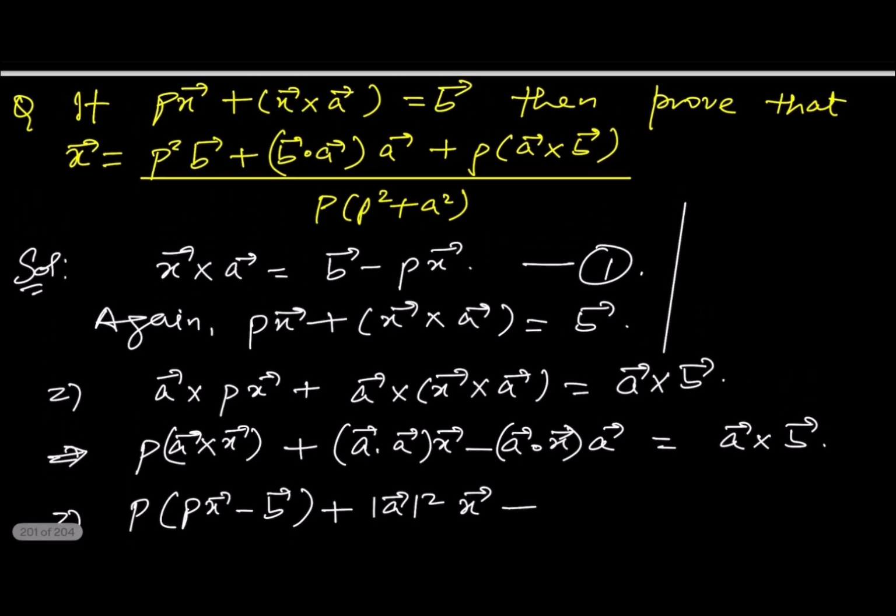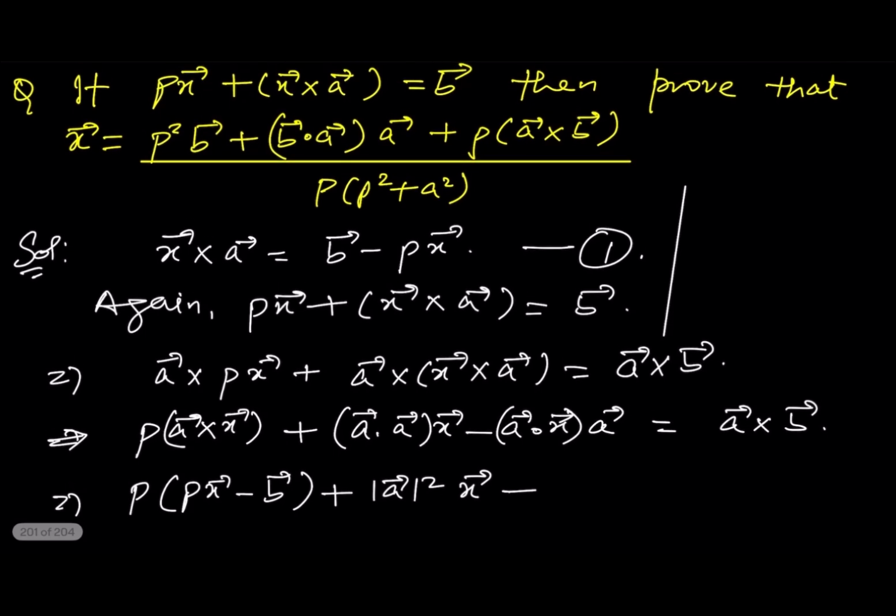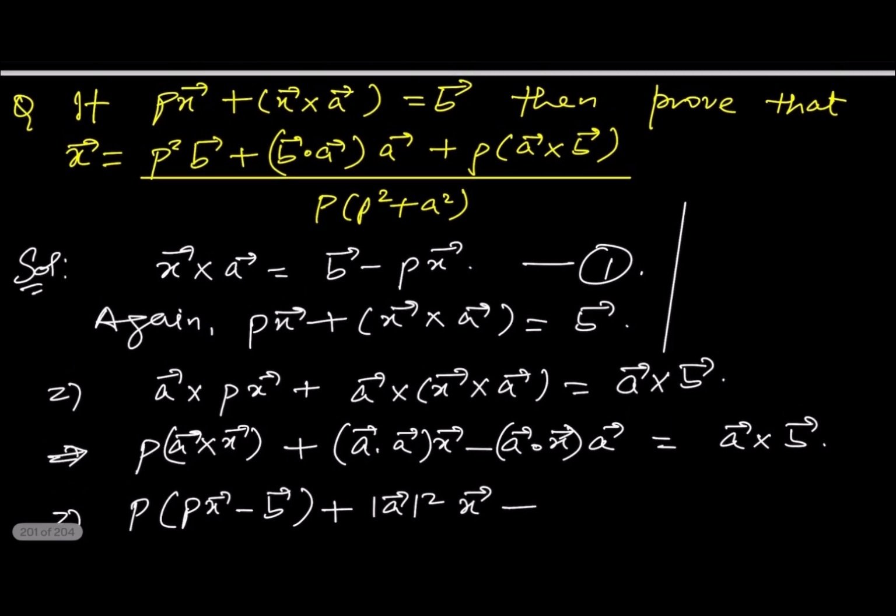From given equation, if I take dot product with A, this will be A dot p x plus A dot x cross A is equal to A dot B. Now this A dot x cross A will be 0 because x cross A and A vector are perpendicular.